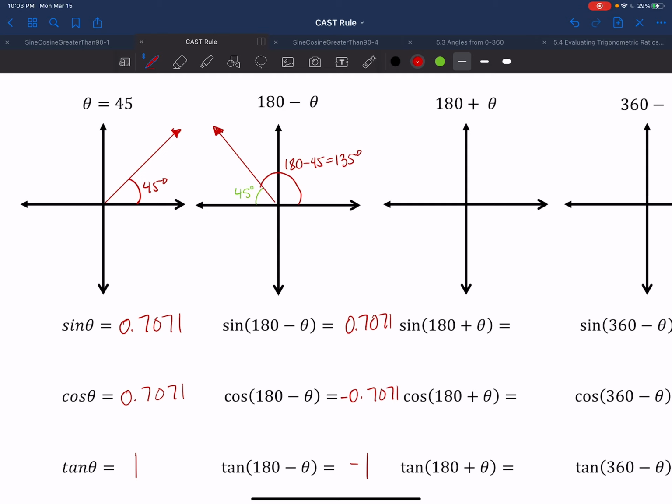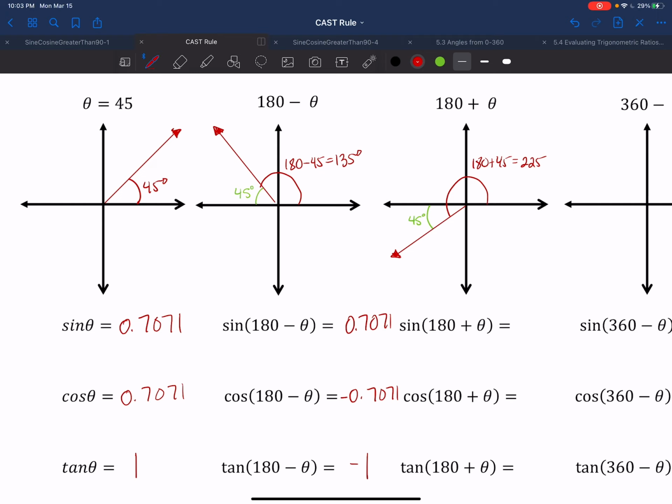So now what happens if we add 45 degrees to 180? We're going to end up in quadrant 3. So 180 plus 45 is 225. Quadrant 3, I know that sine is going to be negative. Cos is negative. The only one is tan is positive.